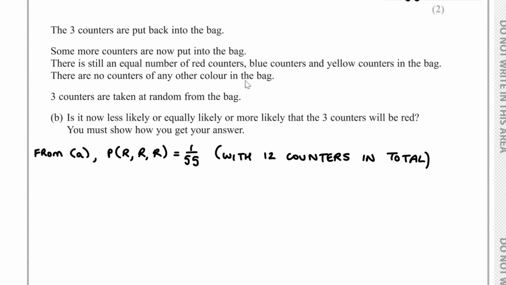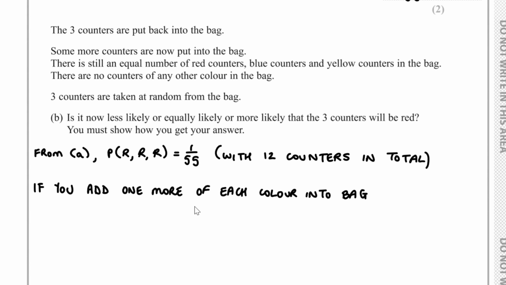So let's suppose we add one more counter of each colour into the bag. So if you add one more of each colour into the bag, then that means we have a total of, well, we've got 12 originally plus 3, which is 15.